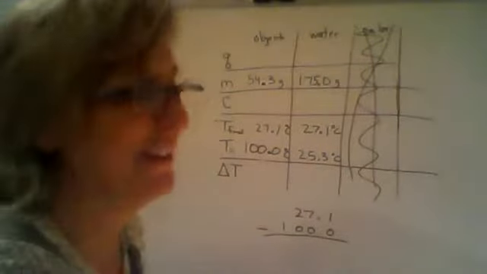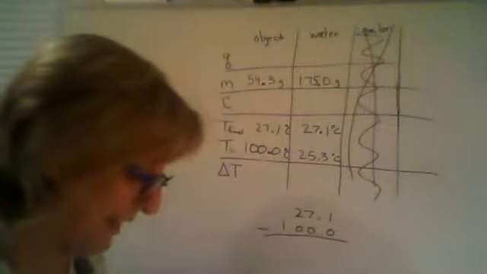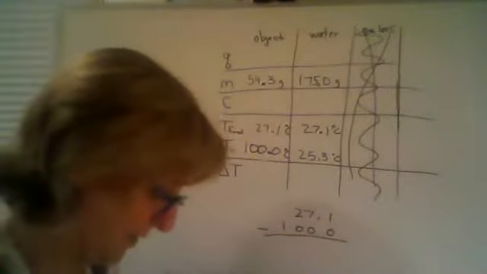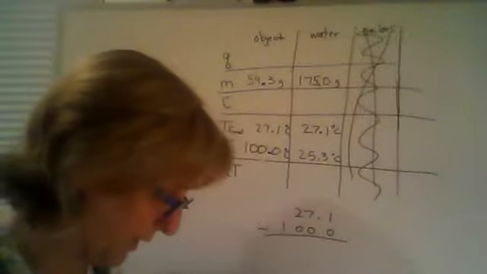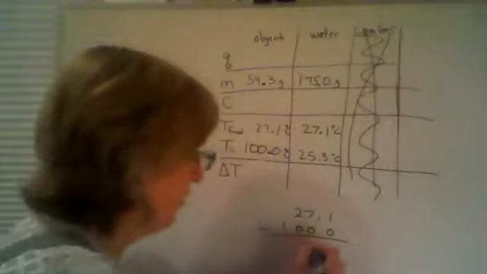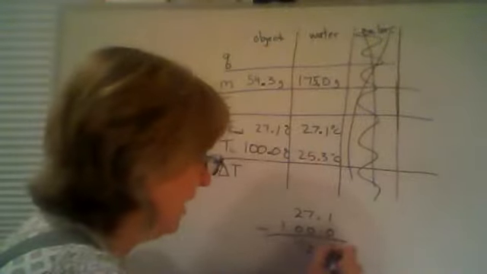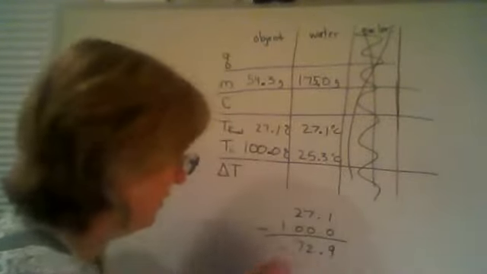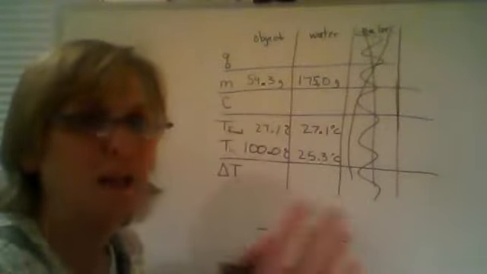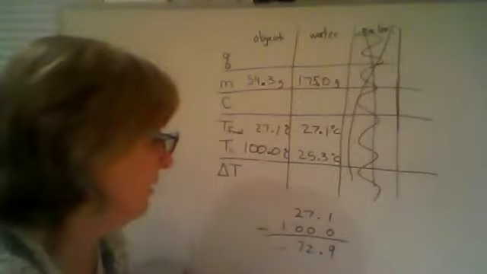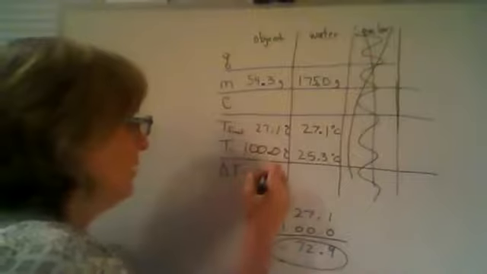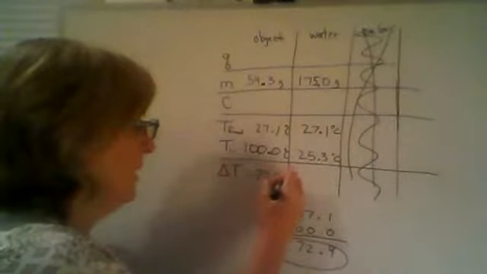I know this sounds ridiculous, but let's just go ahead and plug it in. I don't trust myself on any of this. It doesn't hurt to plug it in. And you get 72.9, but it's a negative, because minusing 100 takes you past 0. So we're at negative 72.9.